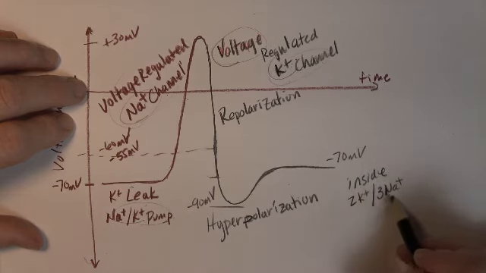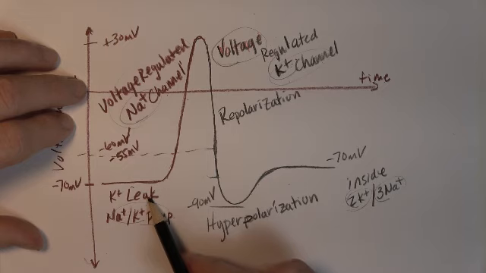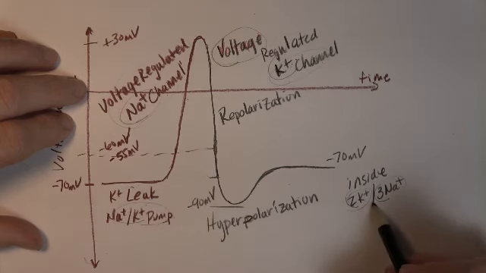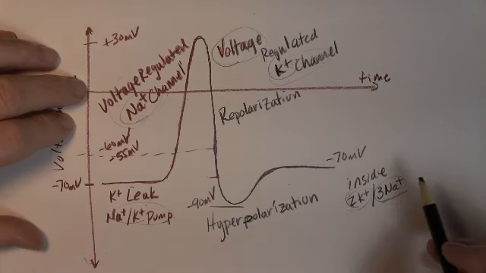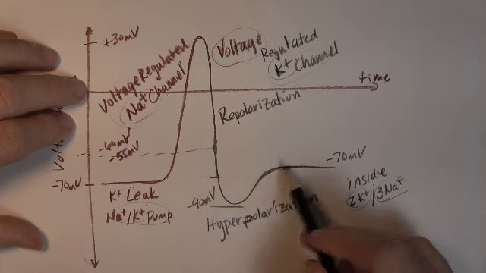So you can see that we're pumping out more positive charges than we're pumping in. And between the leak from the potassium leak channel and the pump working to get rid of 3 charges and only bringing in 2, we get this hyperpolarization back.